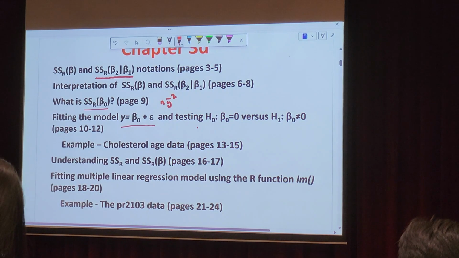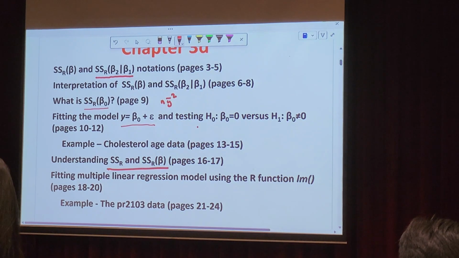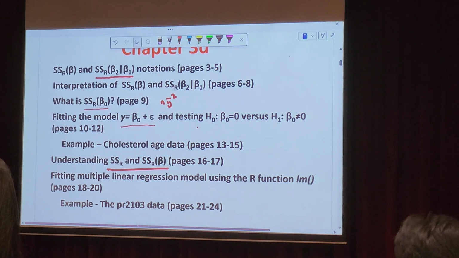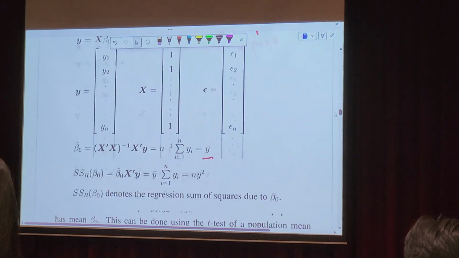Next, what is important is this one. We have learned SSR all along, and now we are looking at SSR beta. SSR beta is the more important motivation that we need to pay attention to. Now I'm going to use the cholesterol beta example to illustrate this idea of testing beta naught. So let's go there.